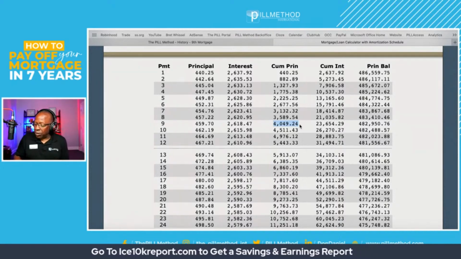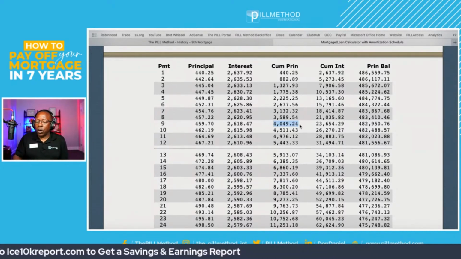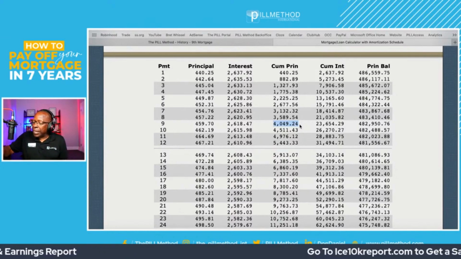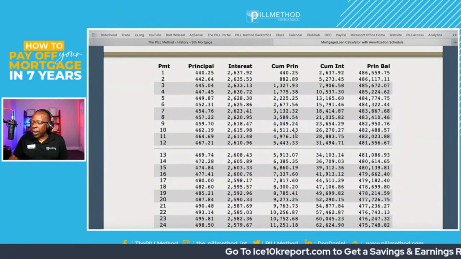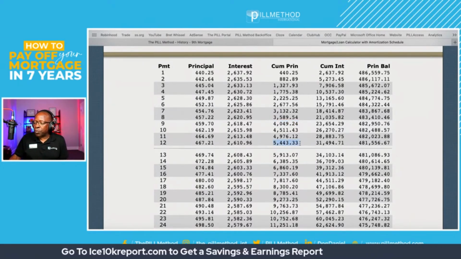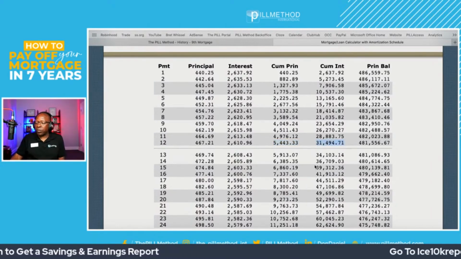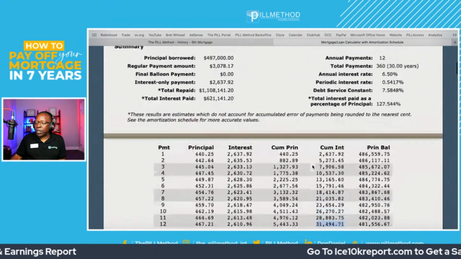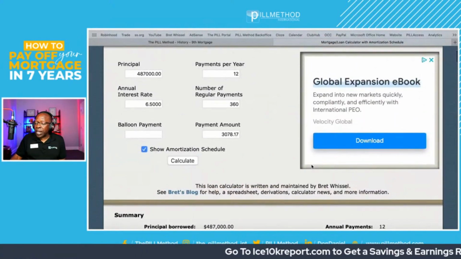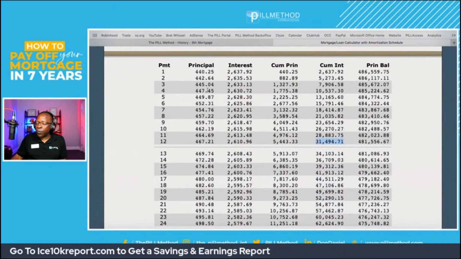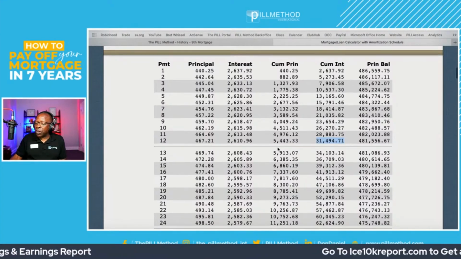Folks, let me tell you, if you want to know more about how to save money and interest and get equity much cheaper, okay, let me show you something. If this is how much interest and principal they would pay down in 1 year on this loan, look at the amount of interest that the bank wants at 6.5%. $3,000 a month, only $400 payments going to principal, over $2,600 going in interest.